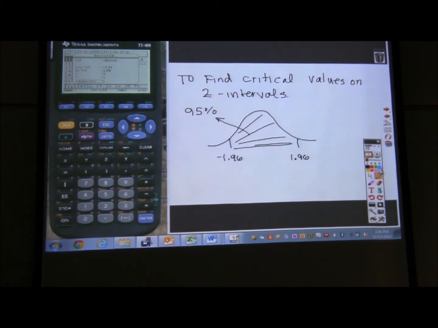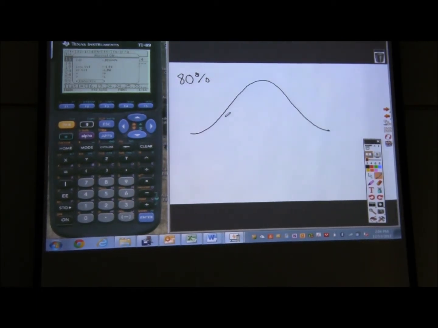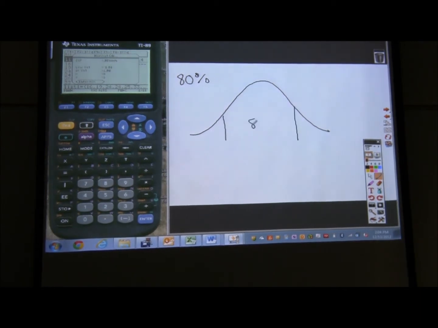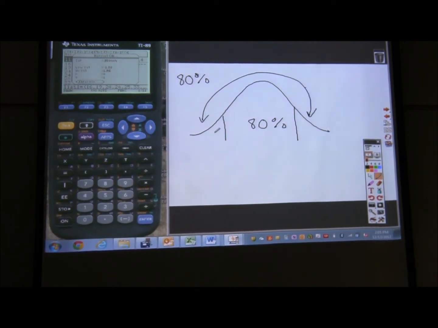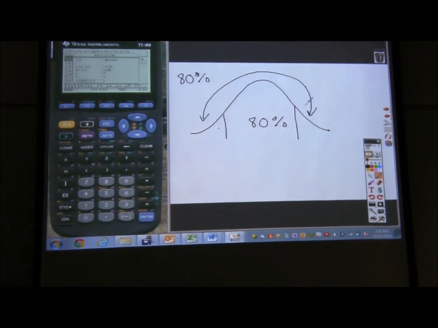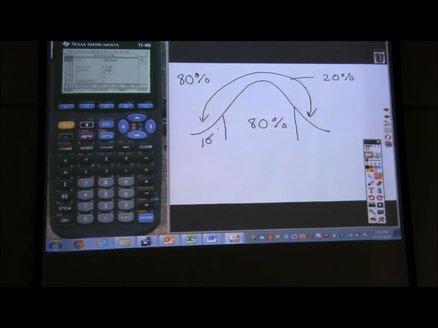Now I want to find the critical values for maybe an 80% confidence interval. So if I have a curve, looking at the middle 80%, so Matthias, how much is on the curve outside this way? 20. 20% out here, which means that we have 10% divided on each side.